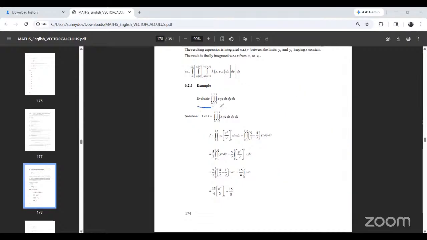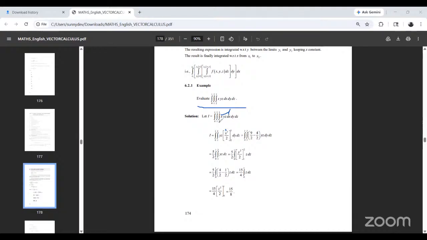Evaluate the triple integration 0 to 1, 1 to 2, 2 to 3, of xyz dx dy dz. Okay, so first we are doing the integration with x.